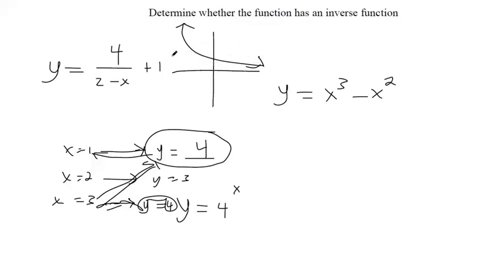Therefore, it is one-to-one and it has an inverse. That's the whole point of one-to-one for this section: determining whether it has an inverse. So the function I'm drawing right now is not one-to-one because it fails the horizontal line test in a bunch of places, across at two places. So this function I just drew does not have an inverse function.